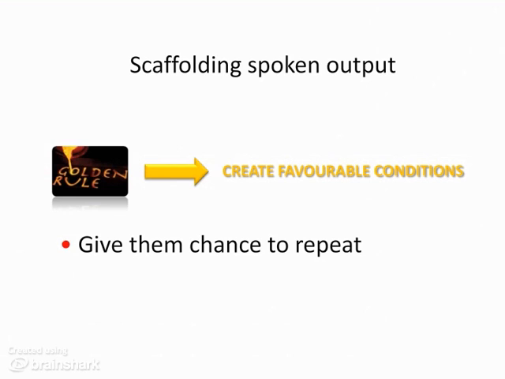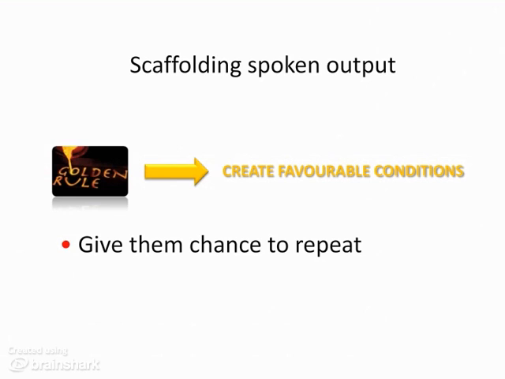So we have to think a little bit here about assessing students, giving students tasks, not only so that we can give them a mark or decide how good or how successful they are, but also the process, the journey is important. So if a student doesn't do a speaking task particularly well the first time, why not give them an opportunity to do it a second or a third time and learn from their experience?